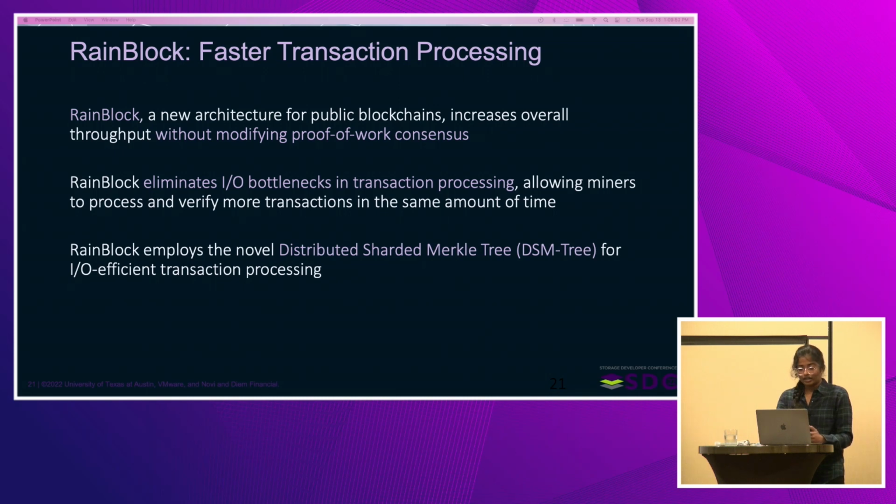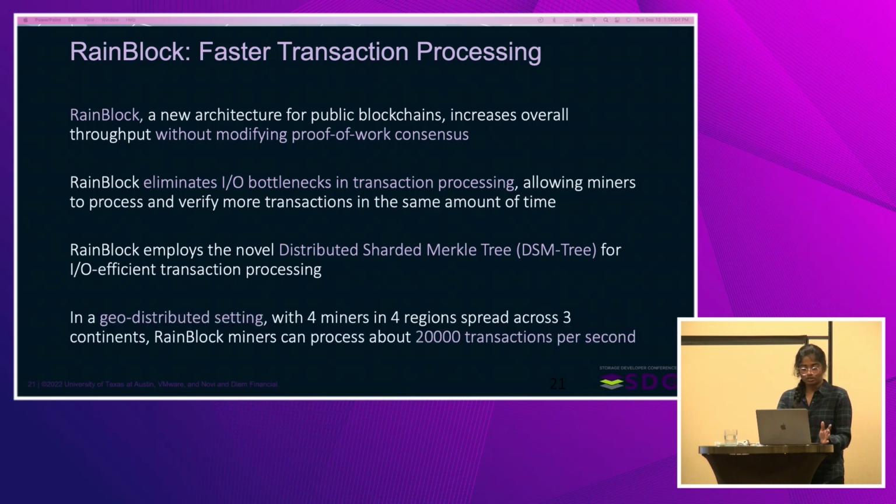For eliminating I/O bottlenecks, RainBlock uses a novel distributed sharded Merkle tree data structure, which we call the DSM-TREE, to store the system state on disk. In a geo-distributed setting, with 4 miners spread across 4 regions and 3 continents, RainBlock miners can process about 20,000 transactions per second.